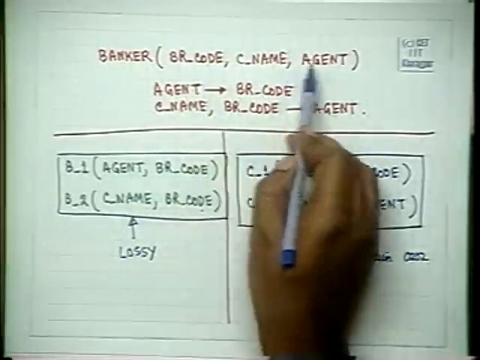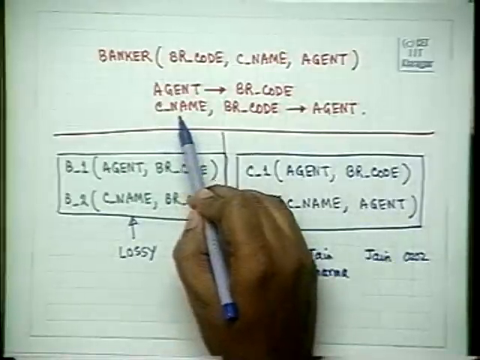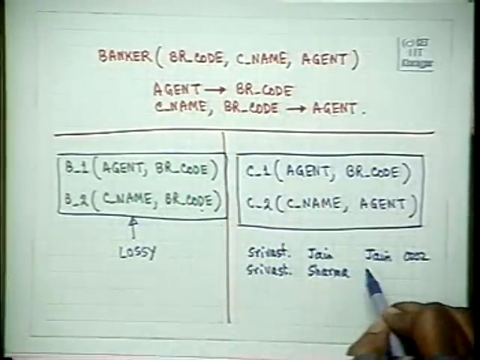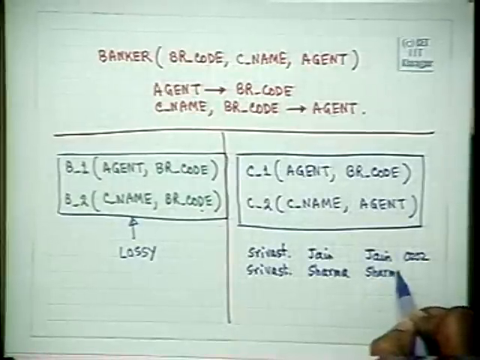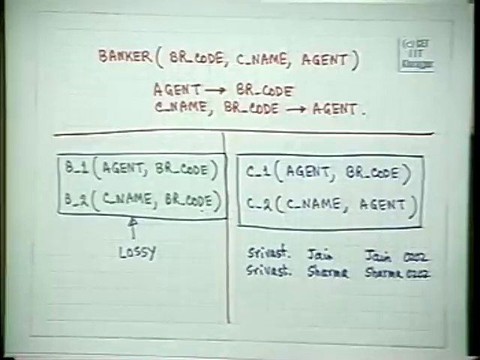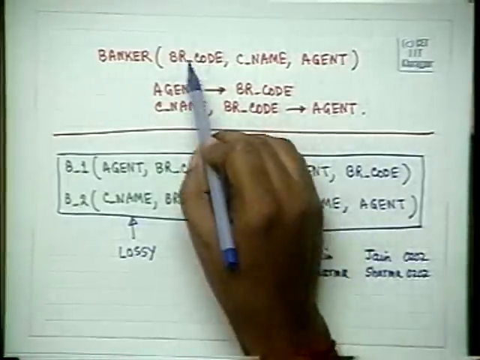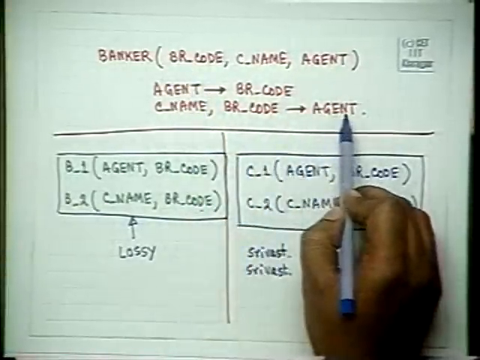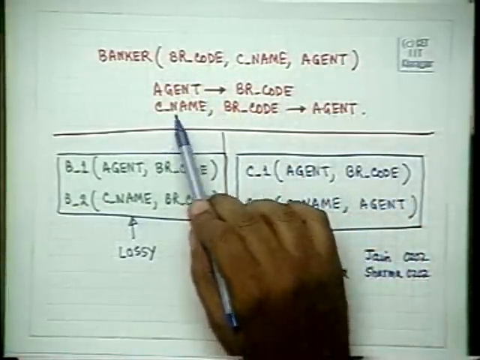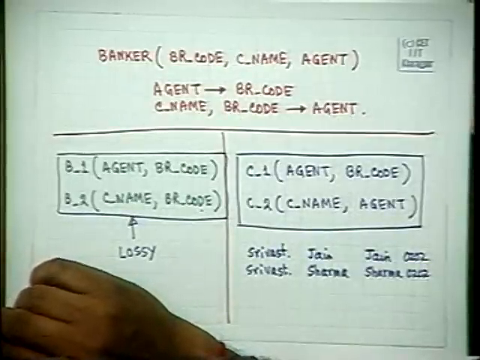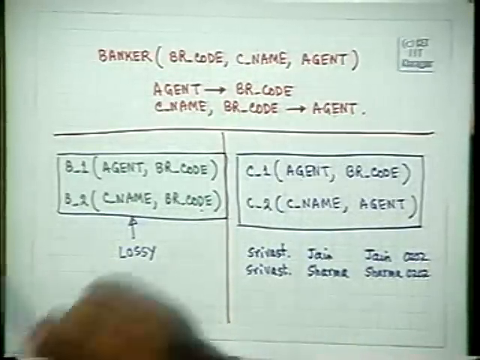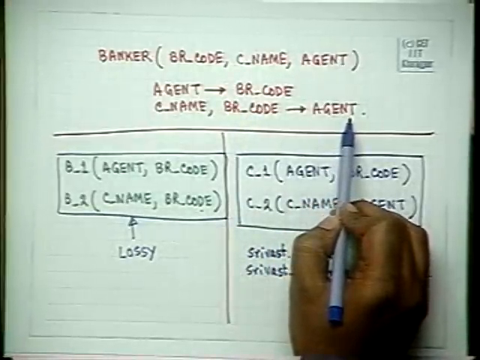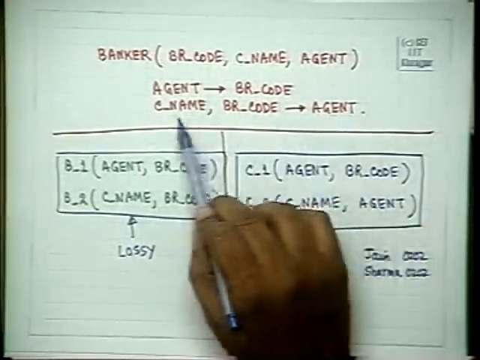That is not there in the original relation, because customer name and branch code will give you agent. So in the original relation, you could not have Sharma with 0202. Both Srivastava Jain 0202 and Srivastava Sharma 0202 would be a problem, because Srivastava on 0202 has got only one agent. He cannot have both Sharma and Jain here.